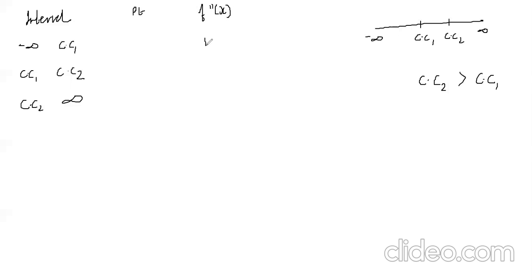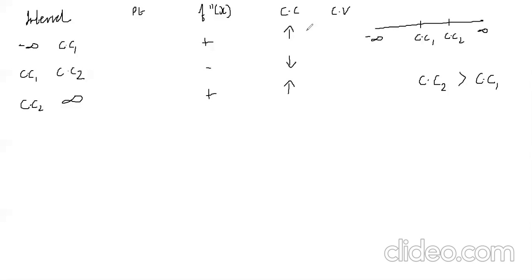Again, if it is coming positive, the concavity will be upwards. If it is coming negative, the concavity will be downwards. So that's all. In this they can ask two things: they can ask only for the concavity, or they can also ask for the convexity.